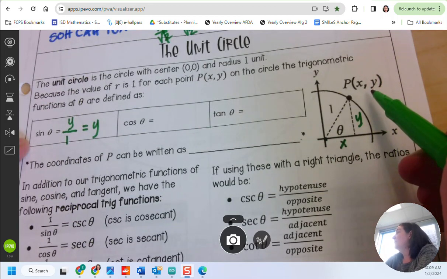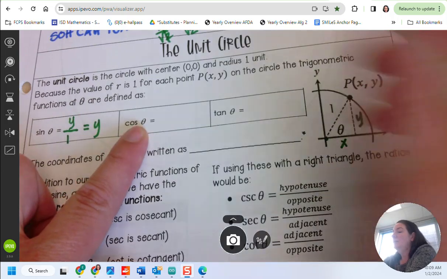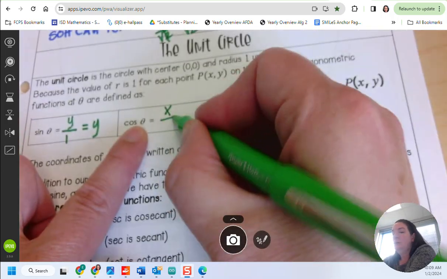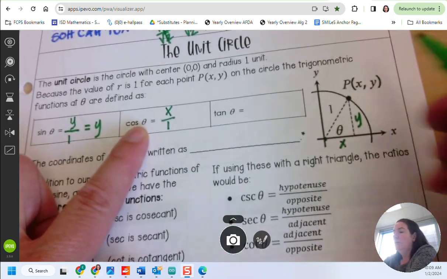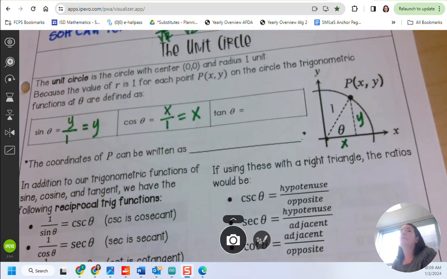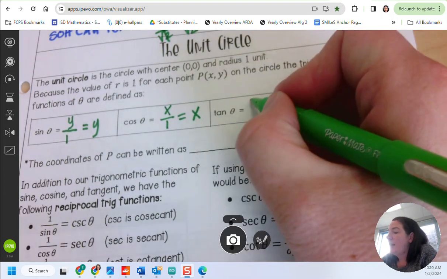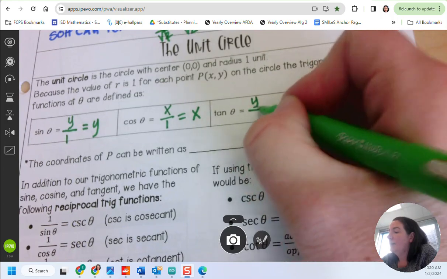And something very similar is true for the cosine. The cosine is the adjacent over the hypotenuse, so it's x over 1, which is just x. And then the tangent is opposite over adjacent, so that's y over x.